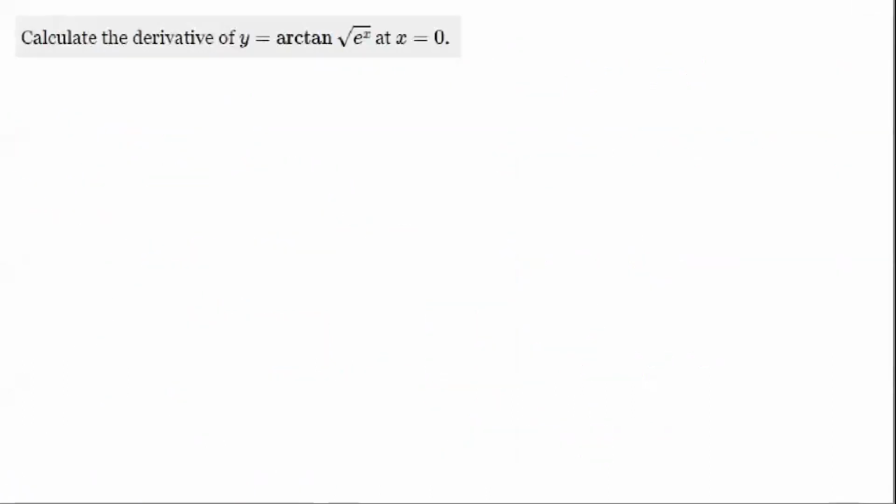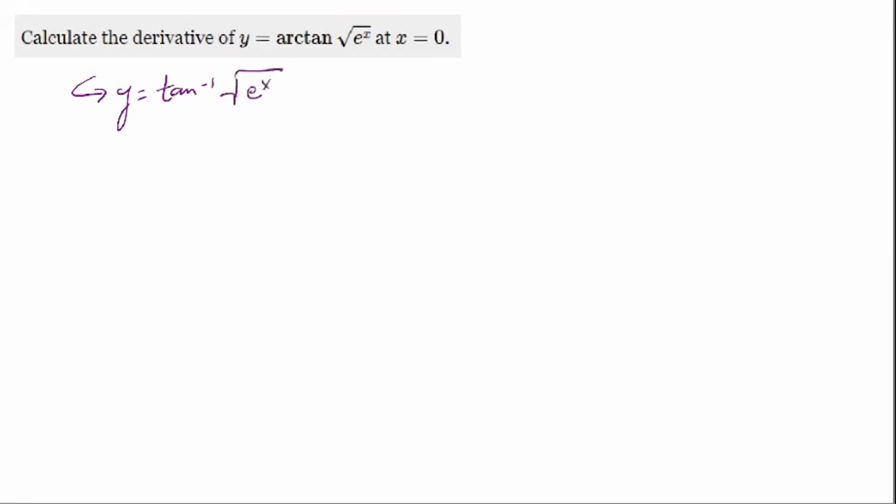All right, let's go to another problem, which is kind of a continuation of the last session's problem, but this time we have arctangent with an exponent function. That means we need to use the property of the exponential derivative. As usual, let's rewrite the problem as y equals tan inverse of e to the power x.